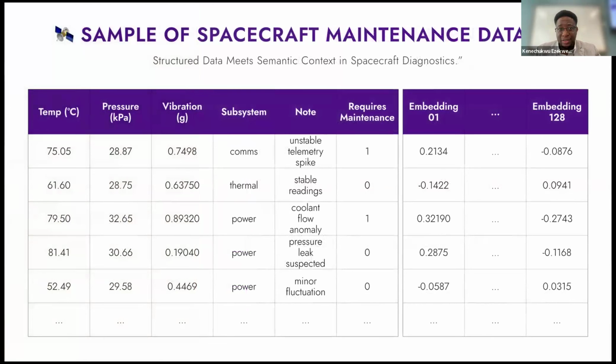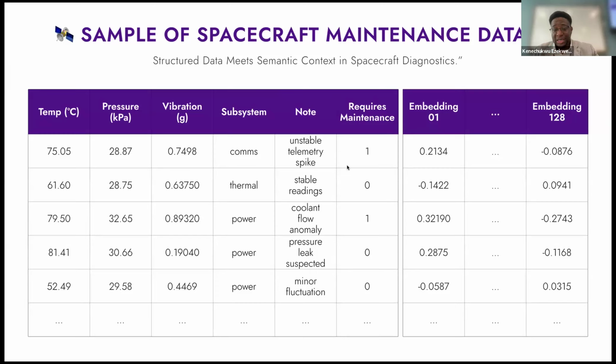So what does that mean for us? This is a sample of what this data set looks like. Here we have temperature, pressure, vibration, and communication, the subsystem we're talking about, and simple notes put down by the engineer, which normally would be hard to work with.